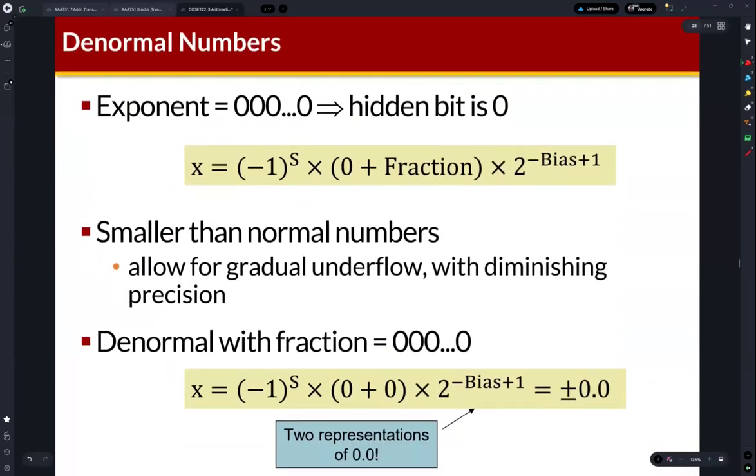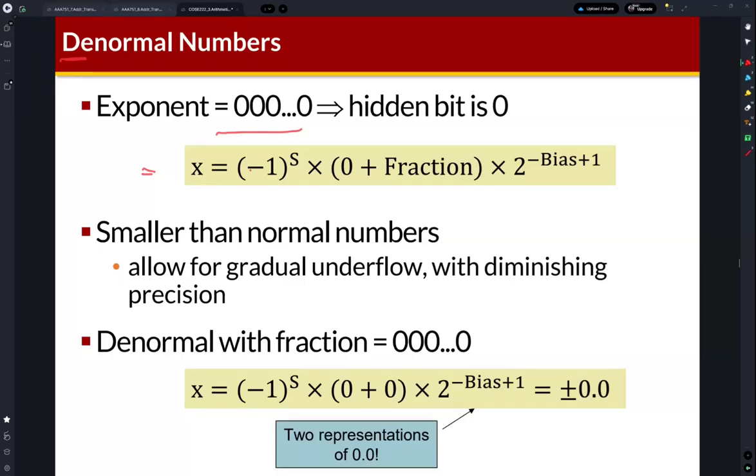Understand? And then I mentioned that if the exponent is all zeros, or if the exponent is all ones, then these numbers are reserved for representing special numbers. These special numbers are called denormal numbers, right? Denormal. It's not normal, right? So if all the exponent bits are 0, then it is used for representing very small numbers.